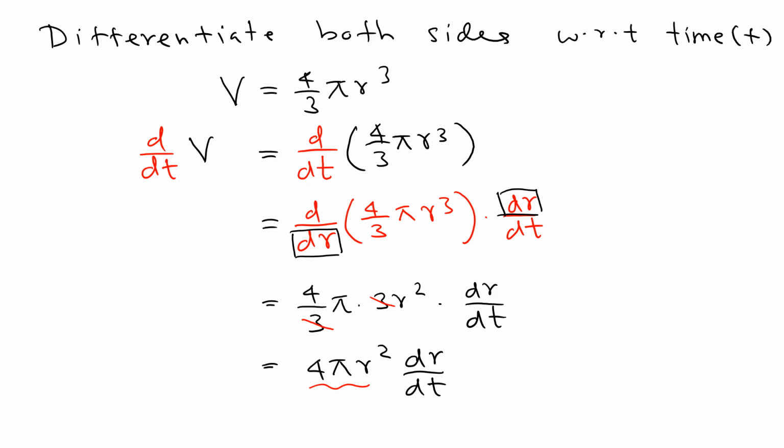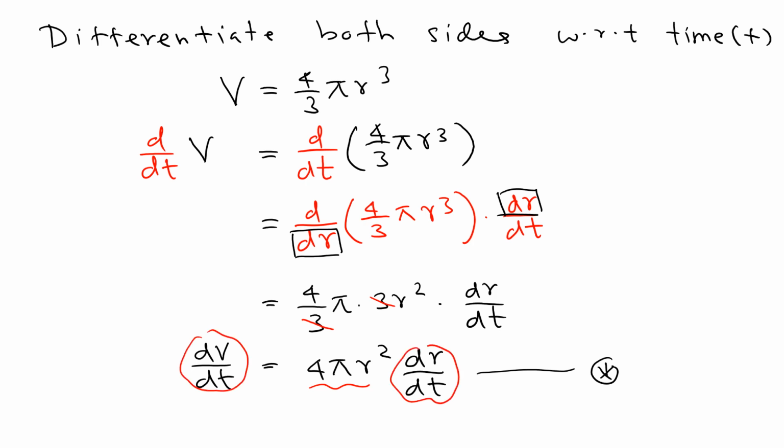Okay. So that is the major equation. You're going to see this equation relates dV over dt and dr over dt. So this is the related rate equation.